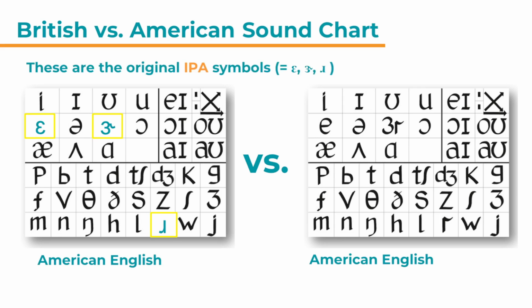Now the question is probably, why are there different symbols? And that is because these alternative symbols in the yellow boxes are really the original sound symbols from the IPA, and that is the International Phonetic Alphabet. And that is an alphabet that contains symbols for all the sounds of all the languages in the world. And so the symbols that you can see in the IPA for these sounds and the "r" are the ones in the yellow boxes.